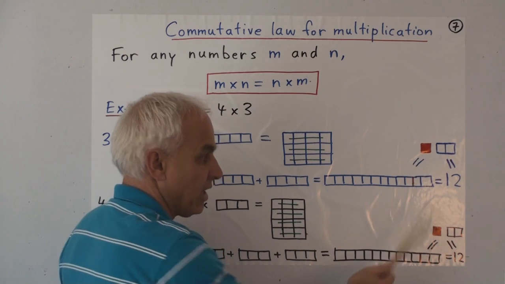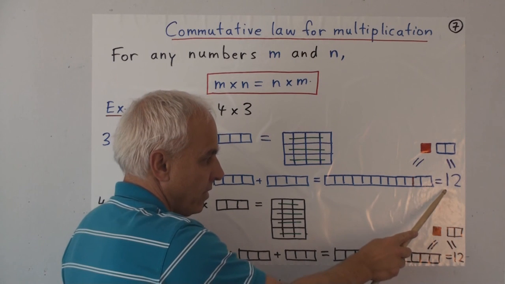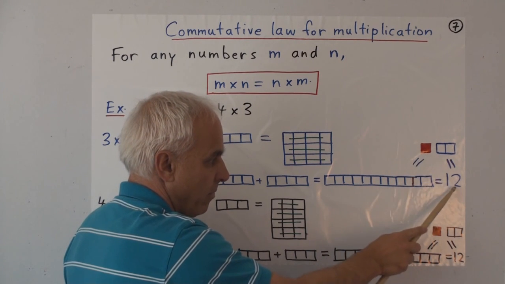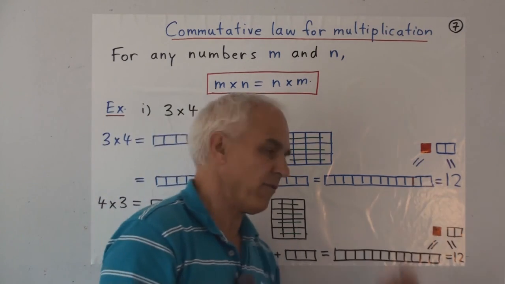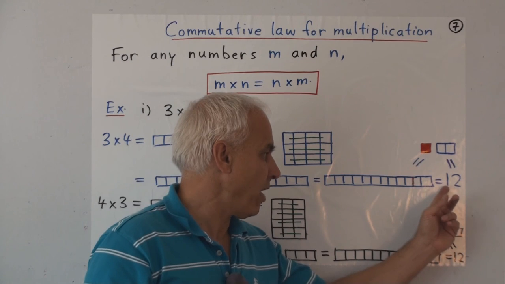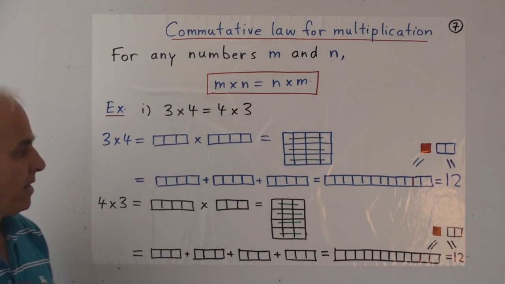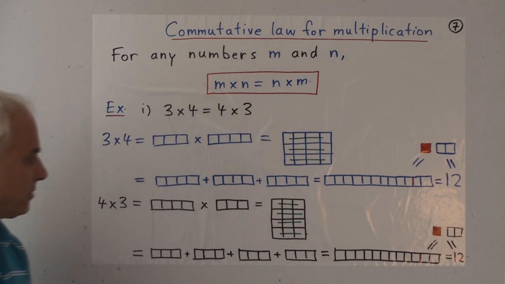So the answer in Hindu Arabic form is 1, 2. 1 10 plus 2 1s. Okay, we have the name 12 for that, but that's a little bit arbitrary. It's the Hindu number 1, 2. 1 10 plus 2 1s, or 10 plus 2. That's what 3 times 4 is. So it's essentially 3 groups of 4.